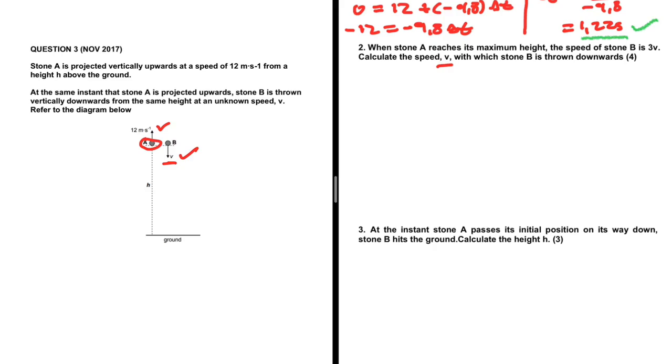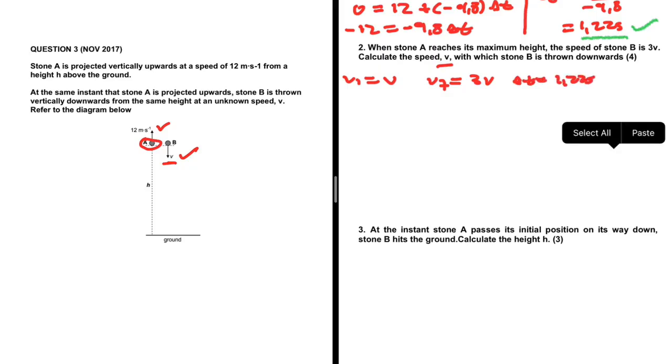As you can see, this is not a usual style of questioning we come across. We have to deal with variables, right? Vi, the initial velocity of our stone B, is v, and then Vf is 3v. At the instant stone A reaches its maximum height, when delta t is 1.22 seconds, the final velocity of stone B is 3v.